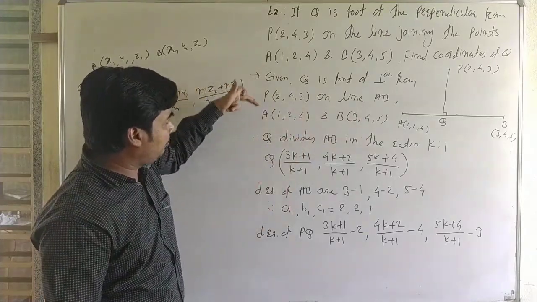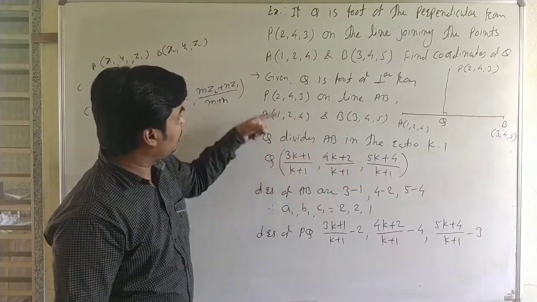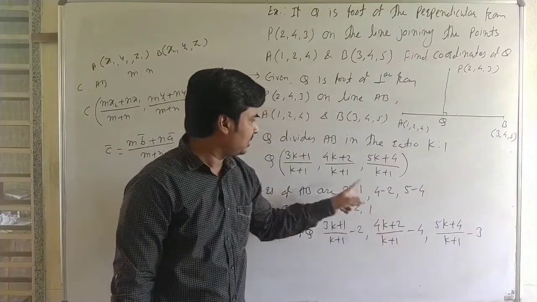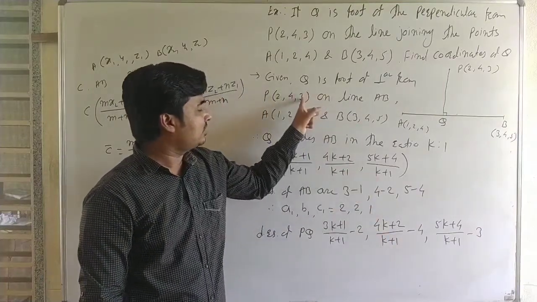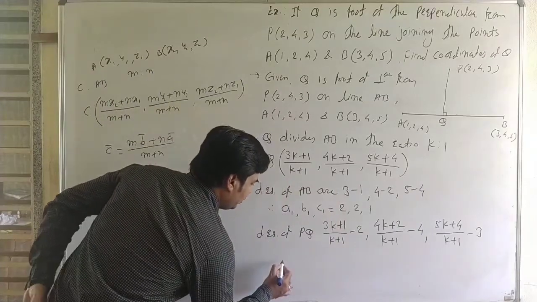Here the direction ratios of PQ are x2 minus x1, y2 minus y1, z2 minus z1, and we can denote them as a2, b2, and c2.